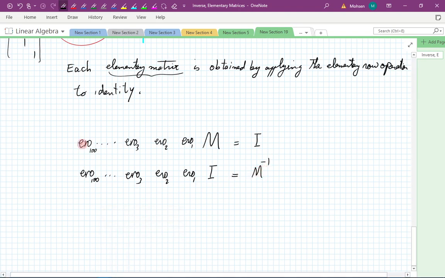It's not surprising that M inverse shows up, because all of that stuff is what I'm doing here, and that collection times M is supposed to be identity, so that has to be M inverse. Okay, now this looks like a factorization of M inverse. This is a factorization of M inverse.